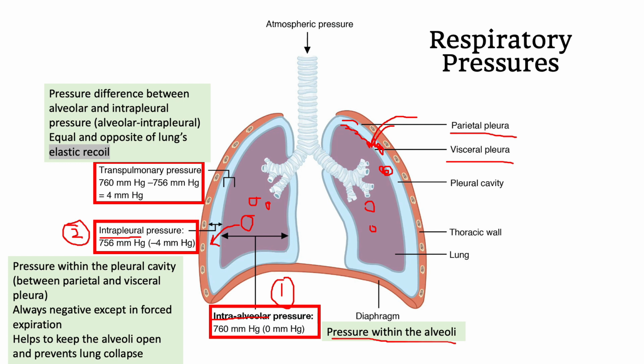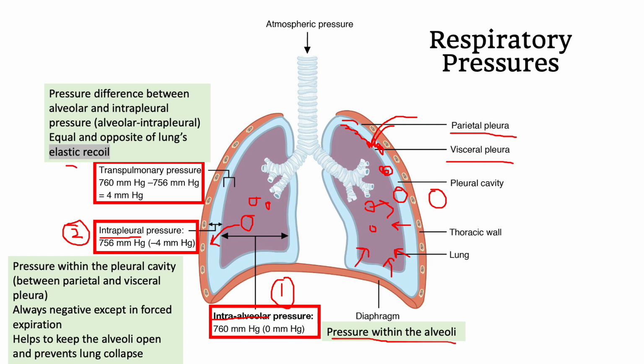When air from the atmosphere goes into the intrapleural cavity, the pressure inside the intrapleural space is the same as the atmospheric pressure. So it is no more negative. When it is not negative, it is unable to pull the alveoli open. So it will compress the lung, and the lungs will collapse. So that is why we need to keep the intrapleural pressure negative.